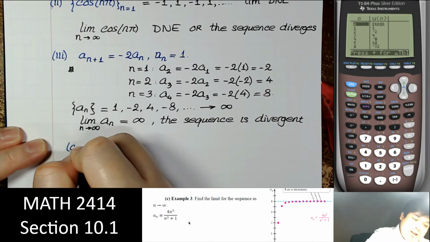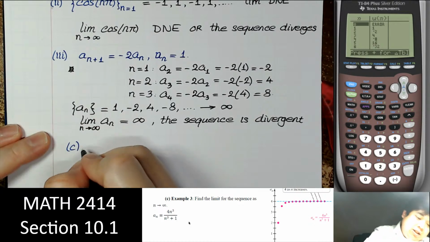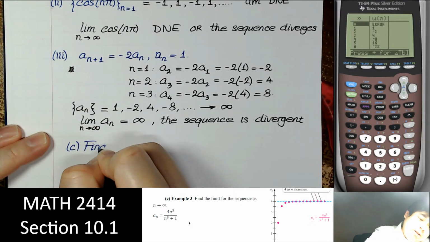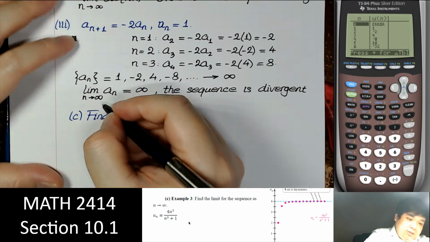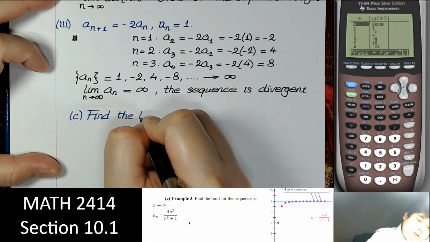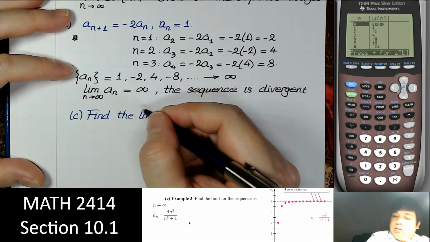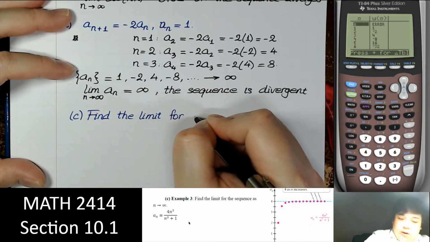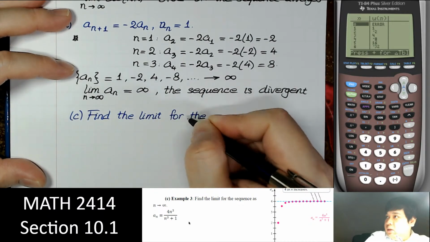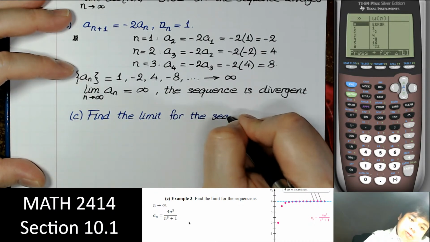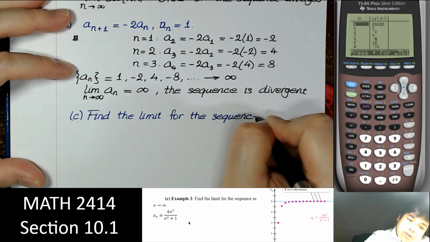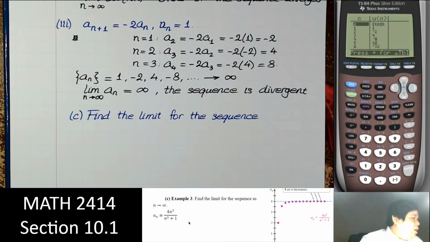C. Find the limit for the sequence. Now, the nice thing about sequences, not really nice, but when we say find the limit of the sequence, we assume that n goes to infinity.